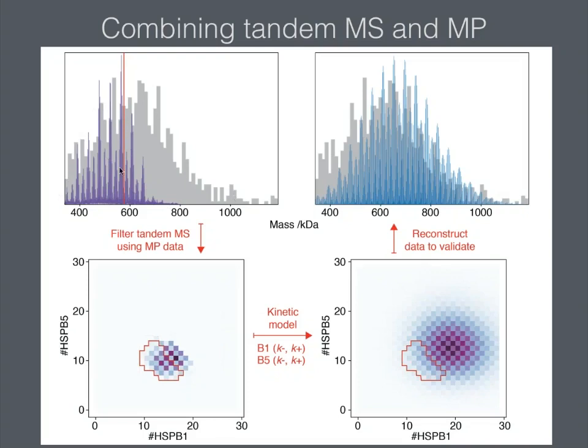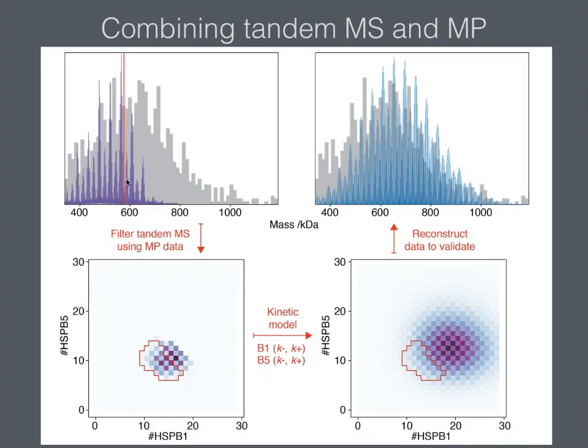You can see they line up relatively well, but as anticipated, the mass photometry gives you a full distribution of the molecules in solution, whereas our mass spectrometry data was inherently biased towards low mass, because that's where we could select the molecules and do the tandem mass spectrometry experiment to make them fall apart. So the mass spectrometry gives us good micro heterogeneity information, but it doesn't do very well at giving us the overall macro heterogeneity.